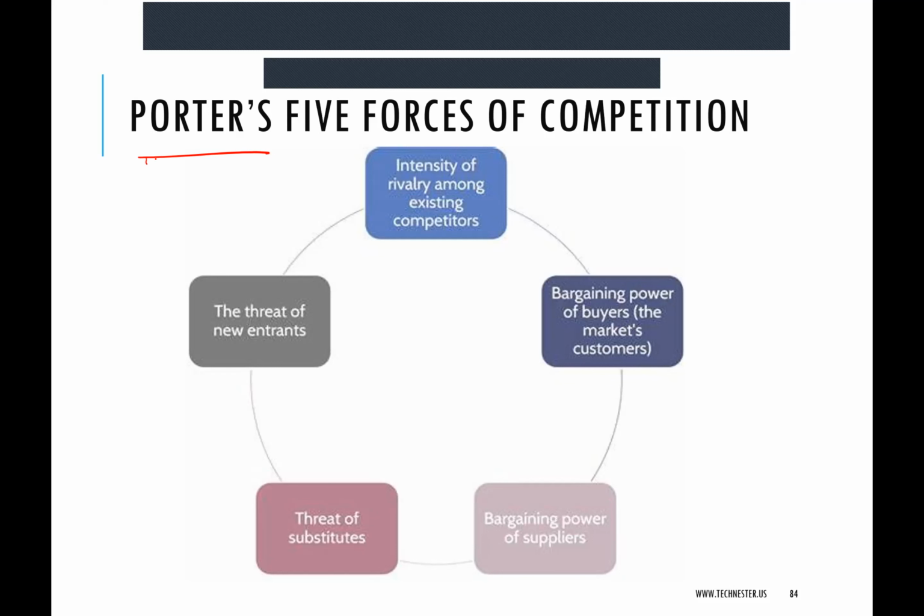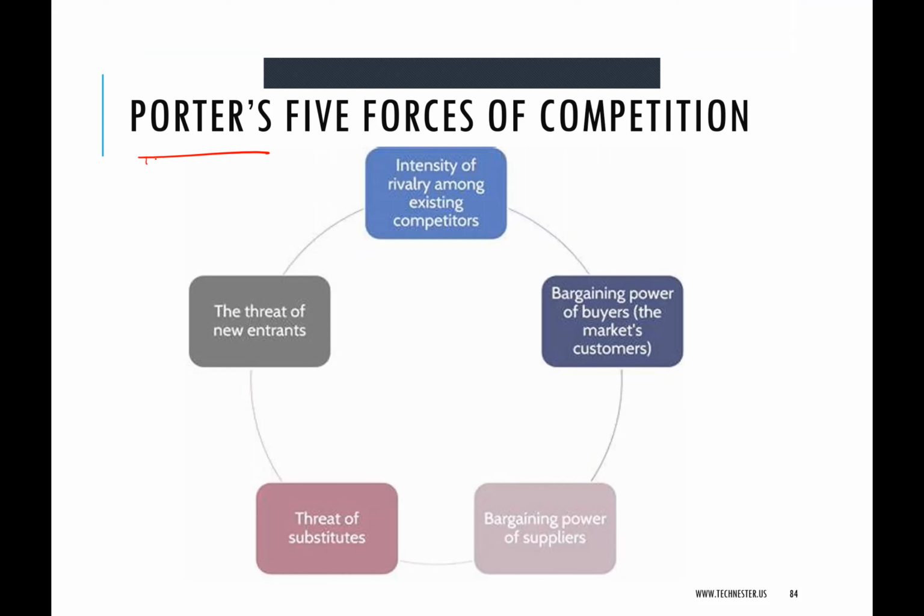He's probably retired now. He did the work in the 70s, I think. He came up with these 5 forces. He identified 5 forces that can affect an organization, or that can determine if a business is worth pursuing or if an enterprise is worth pursuing. Right? So these are forces external, again, to the enterprise.